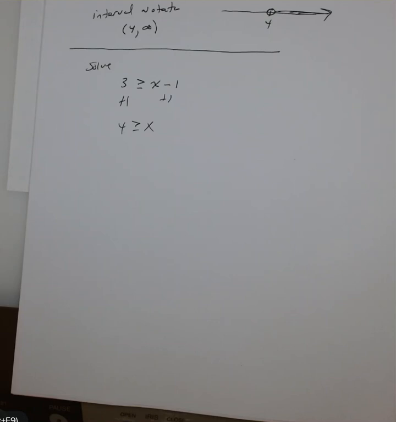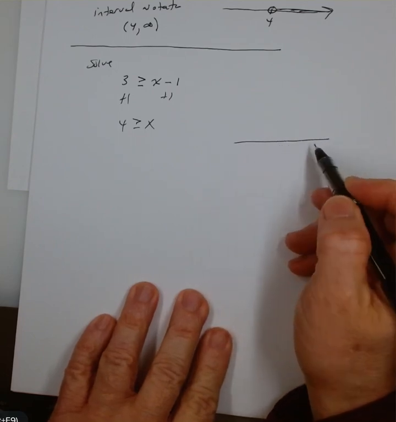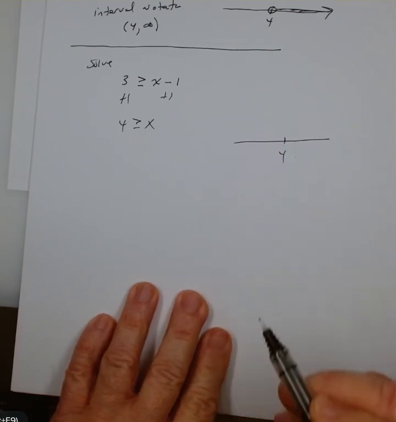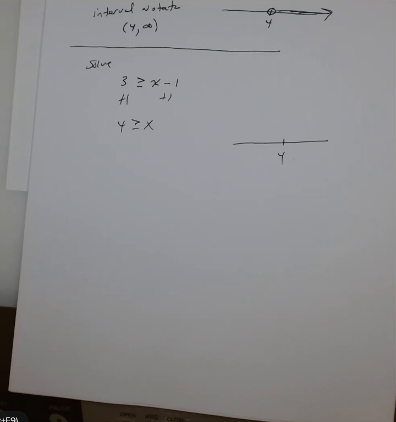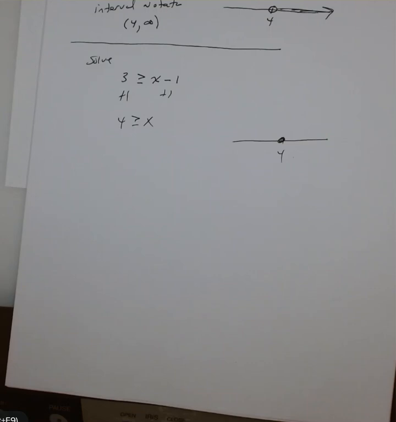What would the interval notation be? Well, first of all, let's think about the graph, because once you know the graph, then it's easy to do the interval notation. So I have 4. What do I put on 4? Closed circle or open circle? Closed, because of the equal sign. Okay, now, which side do I shade, right or left? Right? Why?